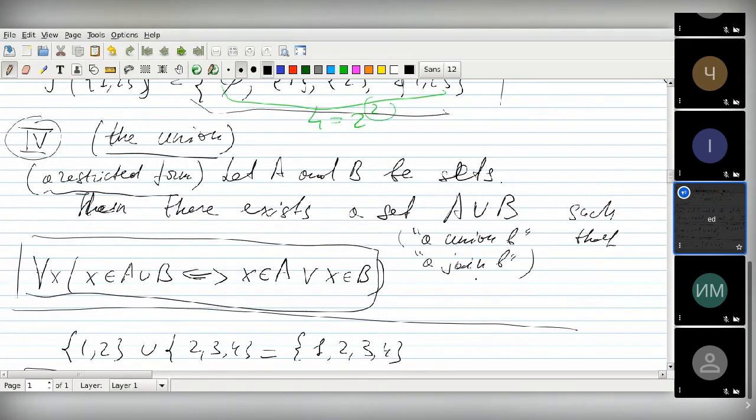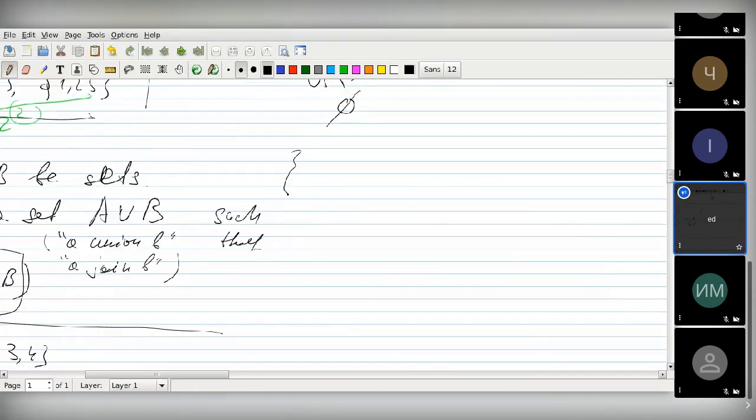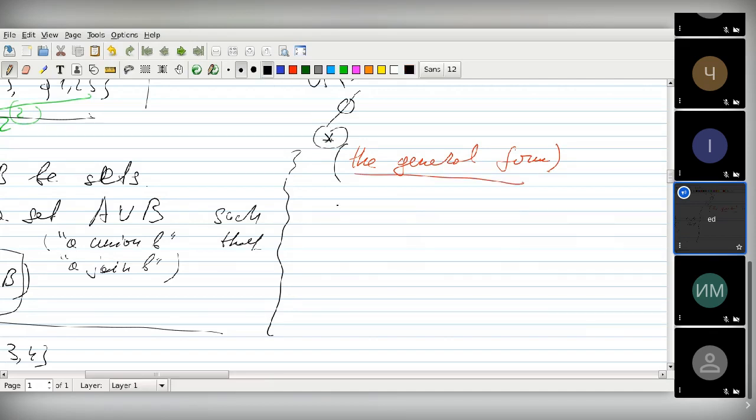And now I'll show you the general form, but formally this won't be a part of our course. So let's mark it with a star.